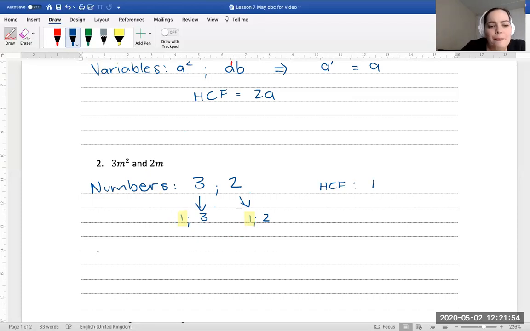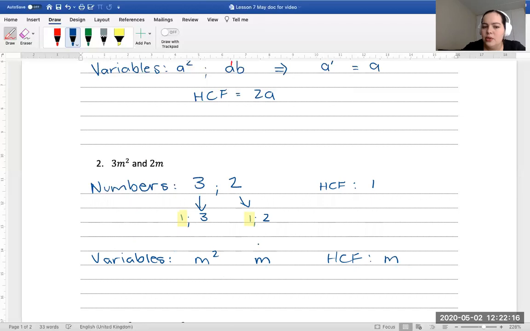All right, now let's discuss the variables or the letters. Please notice that we're going to start just saying variables. All right, so we have the variables m squared and we have the variable m. Now, first question we ask ourselves is, what letters do they have in common? Well, we can see it's an m.